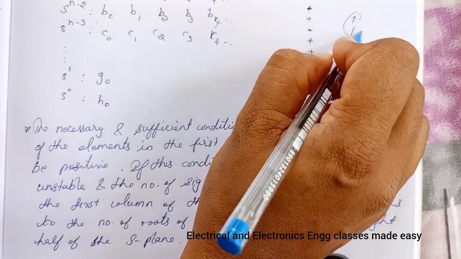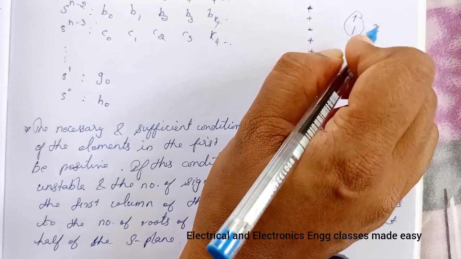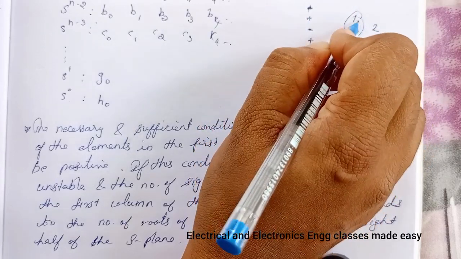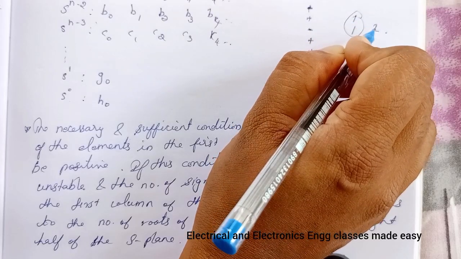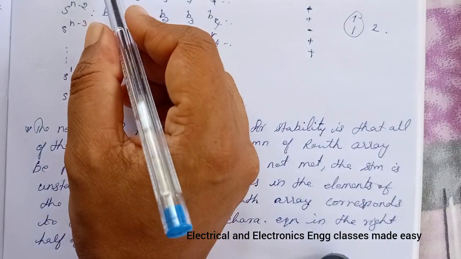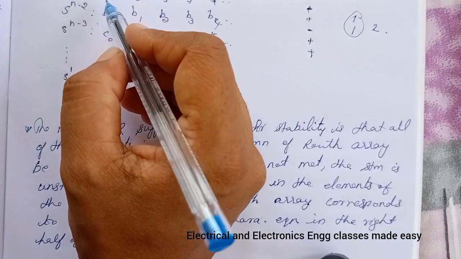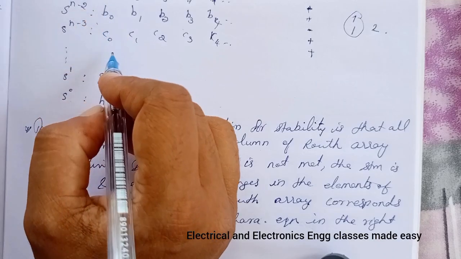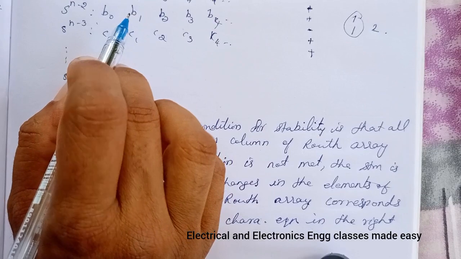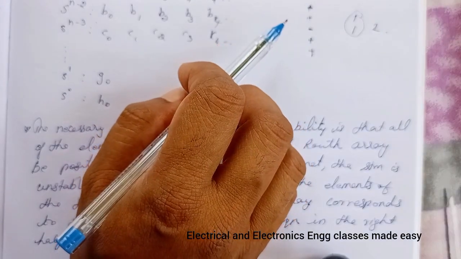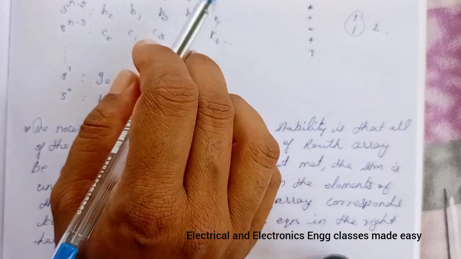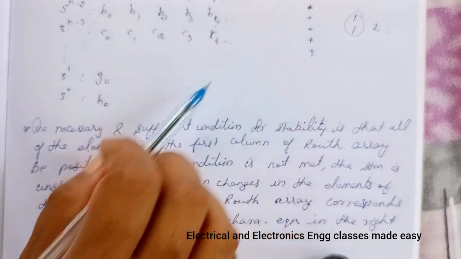So there will be 2 roots in the right half of the S-plane. So if all the column elements are positive, then it will be stable, and if any one is negative, that means the system is unstable, and the number of sign changes determines the number of roots which lie on the right half of the S-plane.